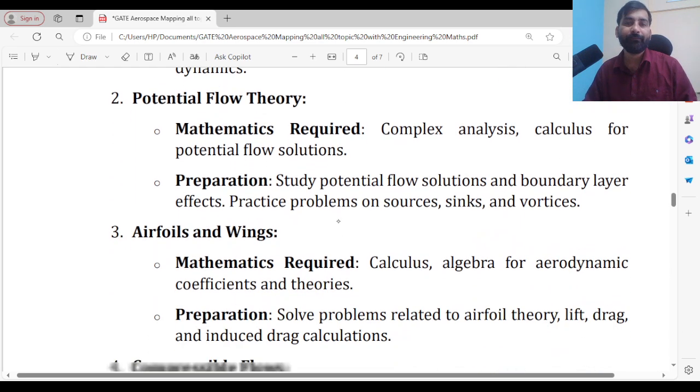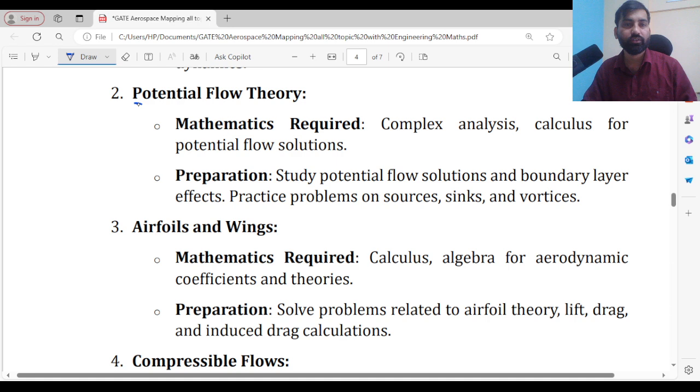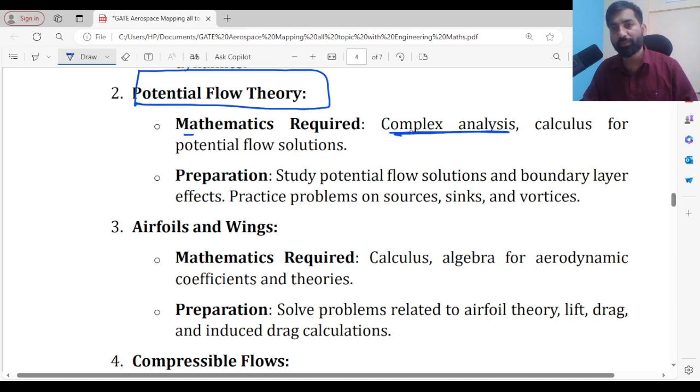In the case of potential flow theory, there is the most ignored topic, complex analysis. You need to be good at complex analysis if you want to understand potential flow theory. And guys, let me tell you, this is the only reason people fail, right?